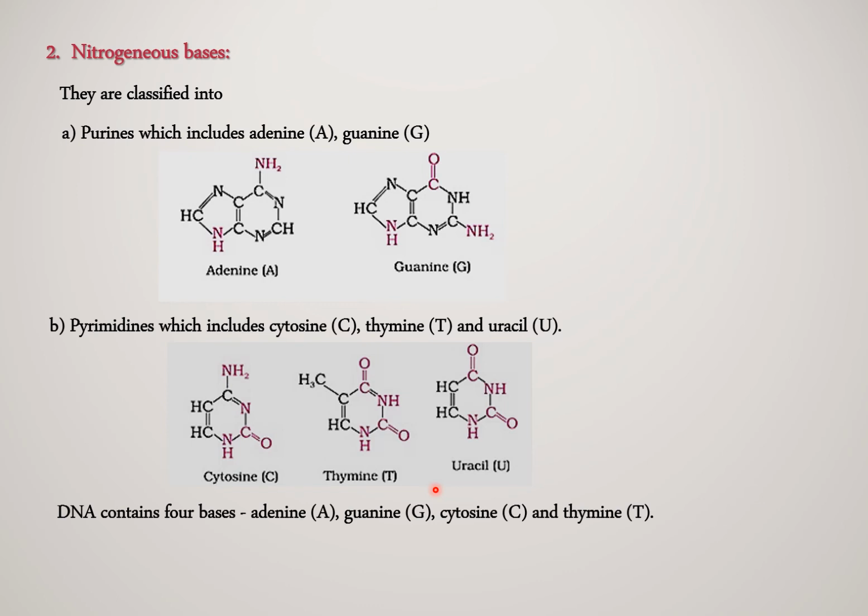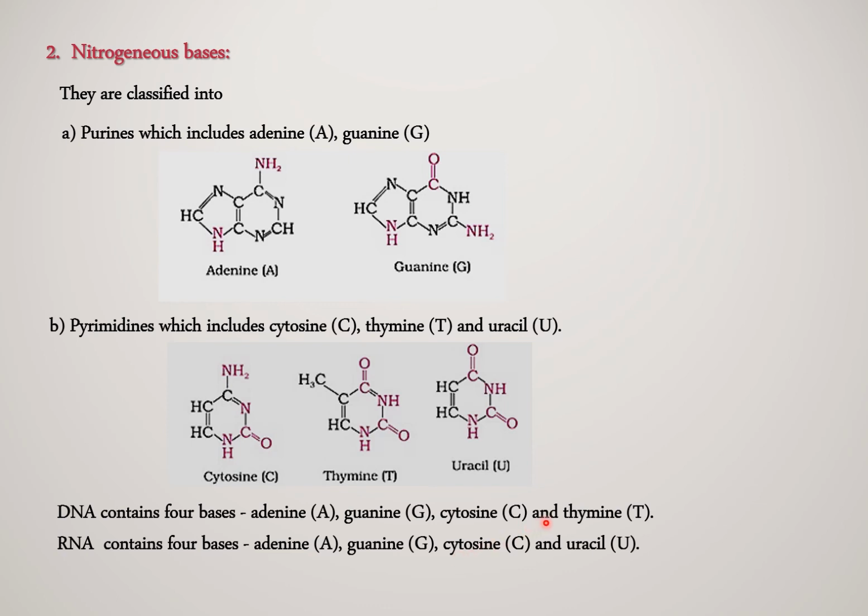So let us understand again what are the bases present in the DNA. Adenine, guanine, cytosine, and thymine are present in the DNA. When you go towards the RNA, we have adenine, guanine, cytosine, and uracil. Yes, students, the common bases in the DNA and RNA are adenine, guanine, cytosine.